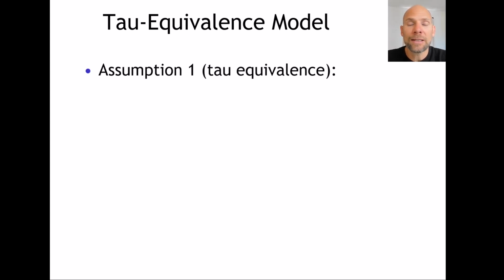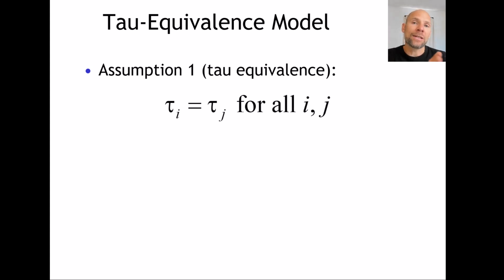And so the next model that I want to discuss here is the tau-equivalence model. The tau-equivalence model makes the same assumption of tau-equivalence with regard to the true score variables as did the strictly parallel model. So now we're going back a step. We're taking the alpha constants out again for the tau-equivalence model.